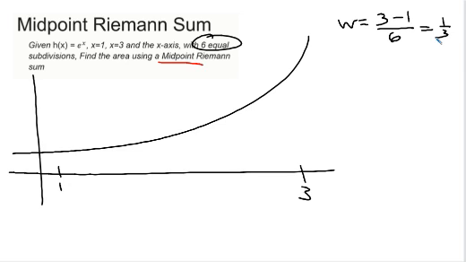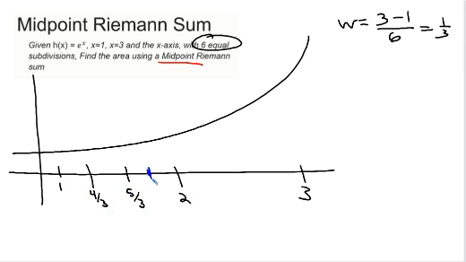But what changes is when I do my calculation for my length. Let's just look at, this is going to be 4/3, this is going to be 5/3, this is going to be 2, and so on. Let's say that I wanted to find this rectangle right here.